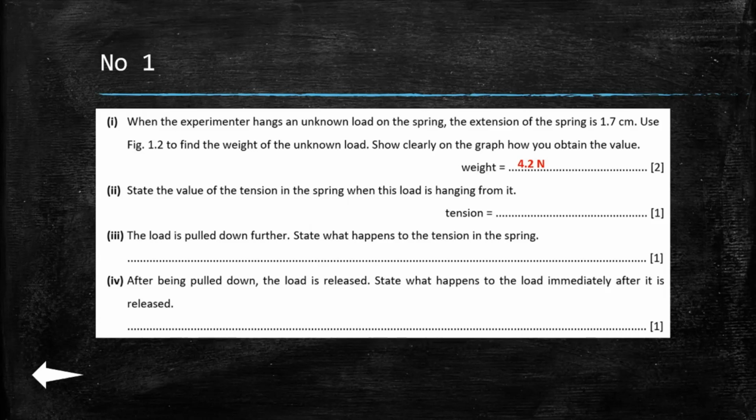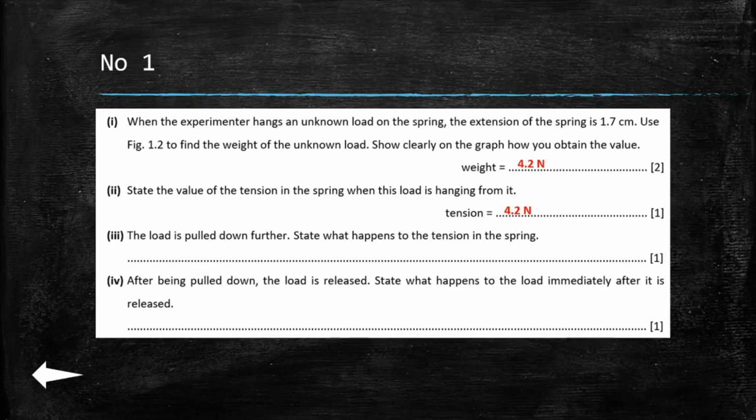Therefore, they will have the same value, so that the resultant can be equal to 0. Remember, the resultant of two opposite forces is the subtraction of their magnitudes. So, to answer this question, tension equals the weight or the load, which is 4.2 Newton.